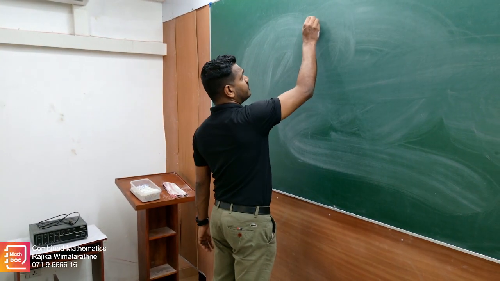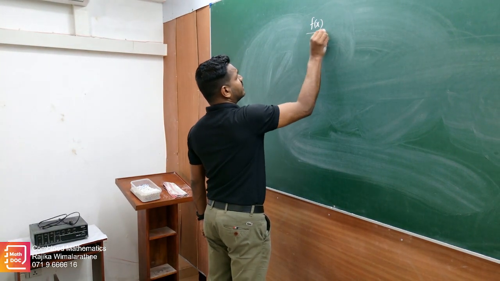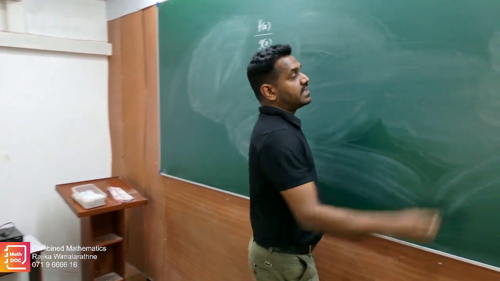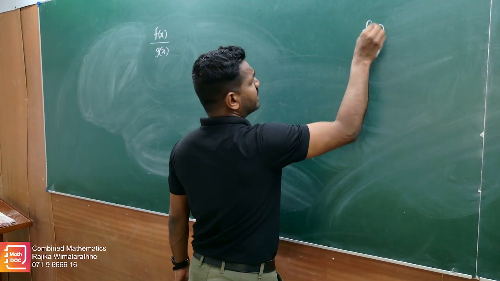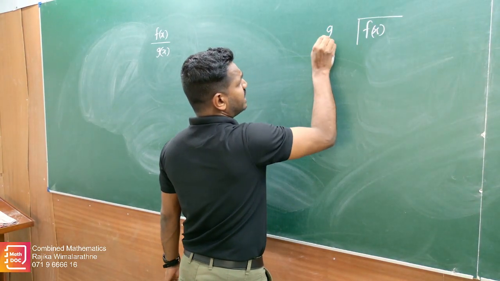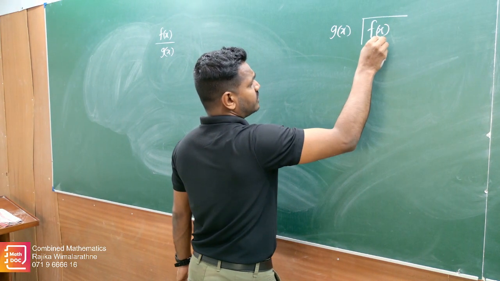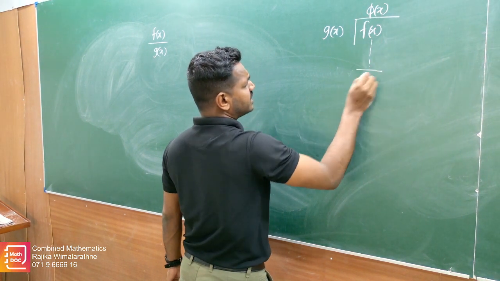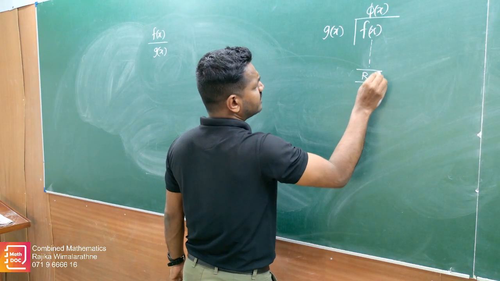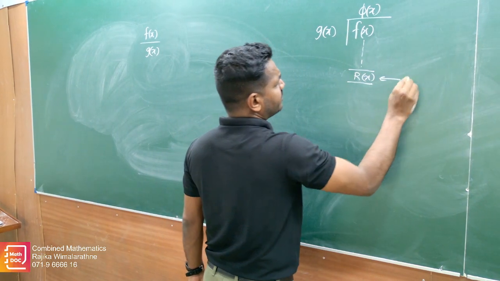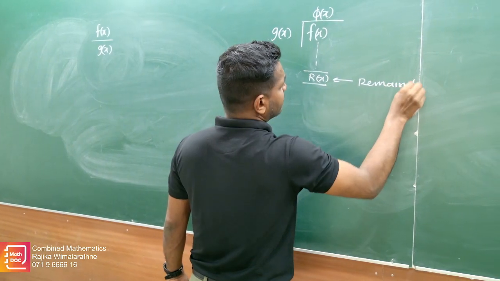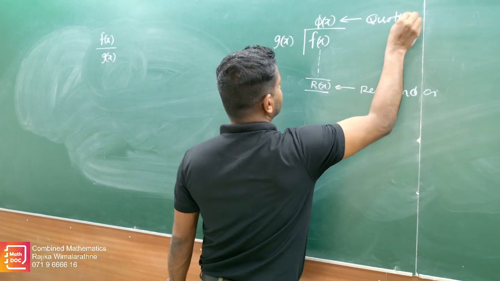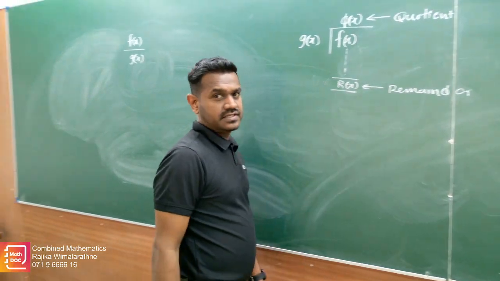Consider a function f(x) that is going to be divided by g(x). Then by the law of division, we write f(x) over g(x). Upstairs we call the quotient, and this part we call the remainder.